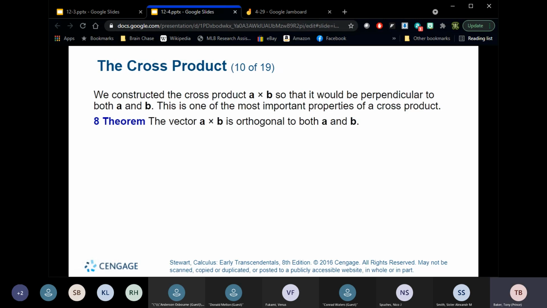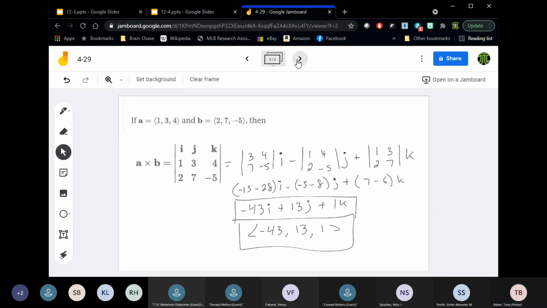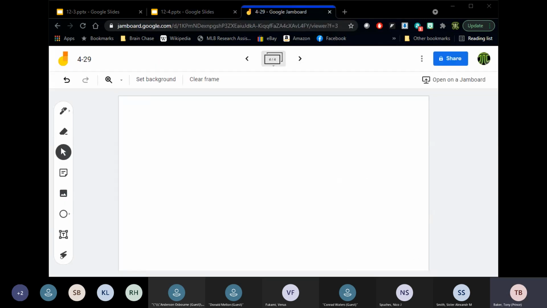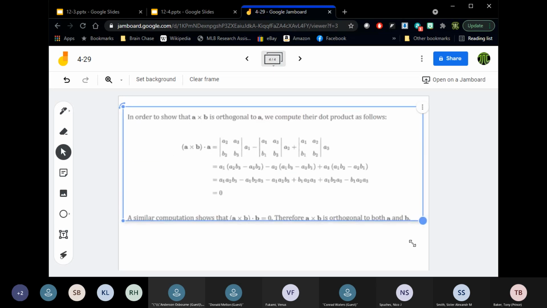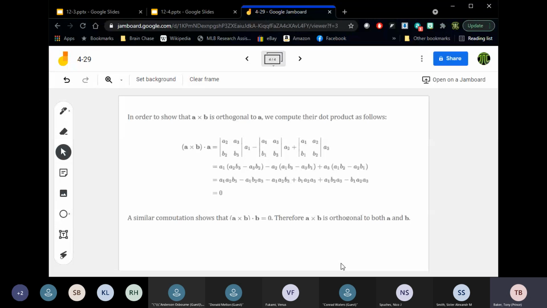So if we did the dot product of this, since it's already in the book, if we look at this, we have the cross of A and B, and we're multiplying it by A. So we're saying it's orthogonal to A. When we cross these, you have A2 times B3 minus A3 times B2.